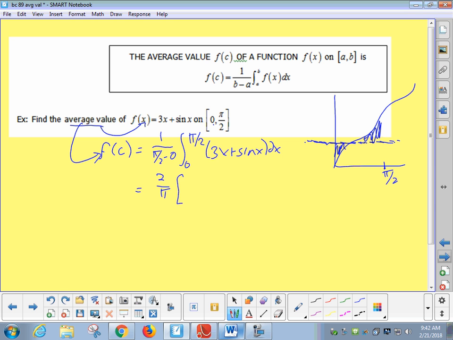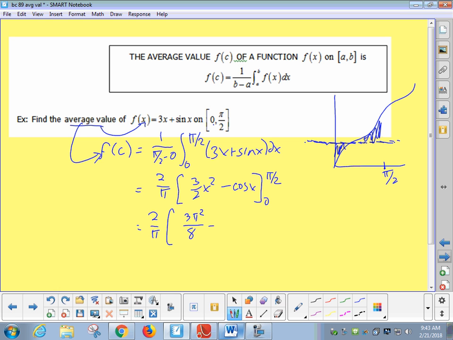What's the antiderivative of 3x, Mr. Flannery? 3 halves x squared. What is the antiderivative of sine of x, Tanner? Negative cosine of x, in truth. From 0 to pi over 2. This will get ugly, and that's fine, I'll just leave it ugly, but maybe something like 3 pi squared over 8 minus, what's cosine of pi over 2, right?